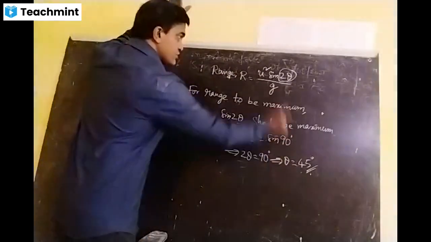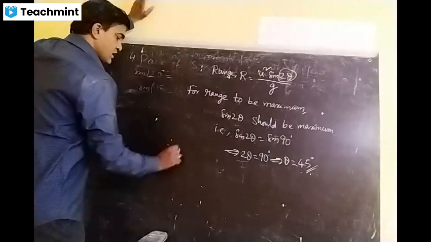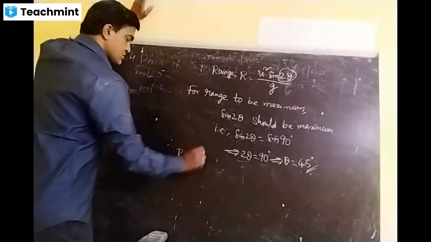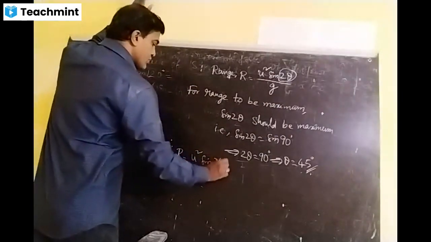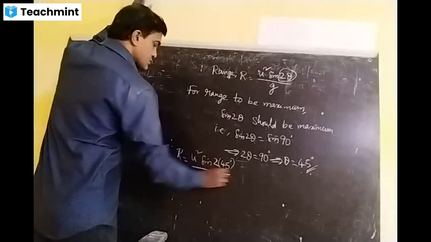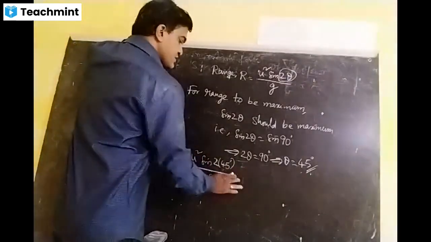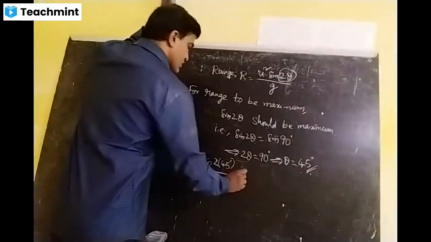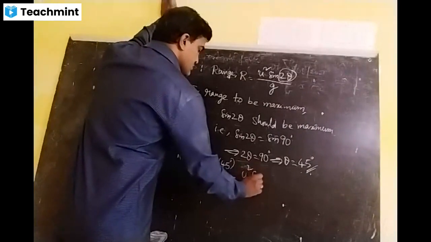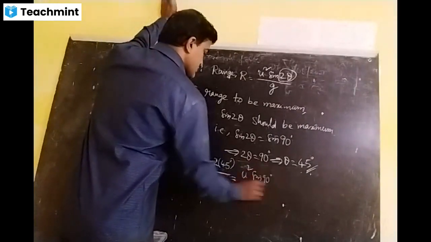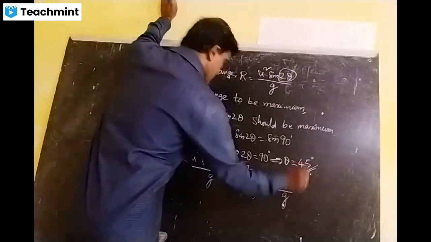Because if you put theta equal to 45 degrees, R becomes U square sine 2 into 45 degrees by g, which is sine 90, and sine 90 is 1, so what I get is U square by g.